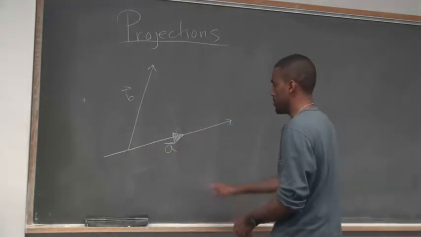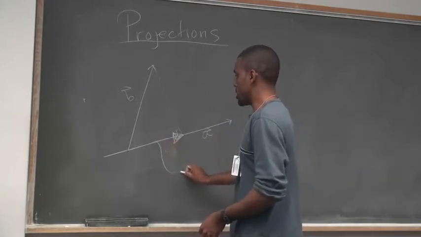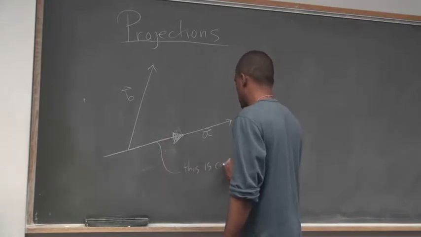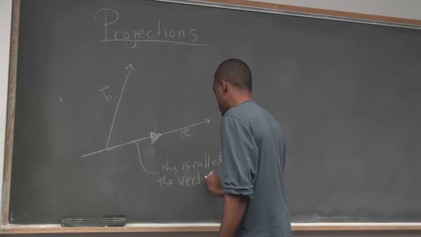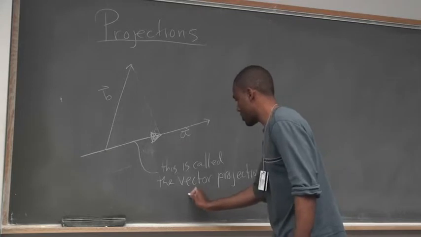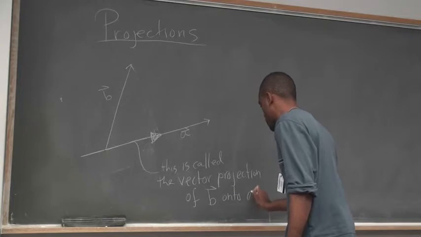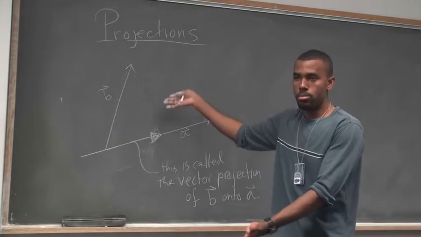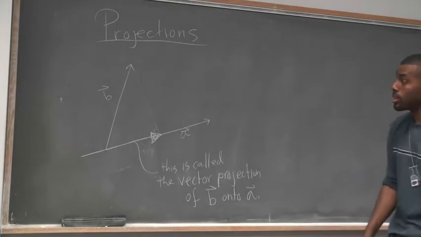So this original vector is vector A. This vector here is called the projection. And again, later on you'll see why knowing something like this is going to come in handy, being able to project one vector onto another one.